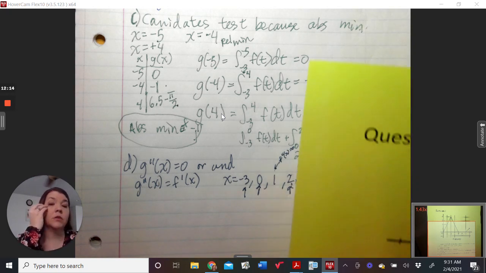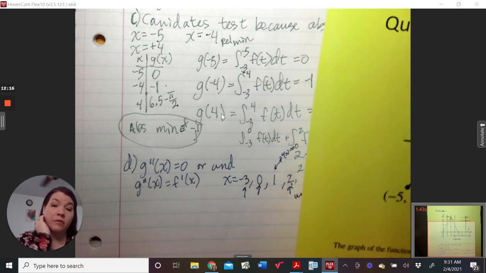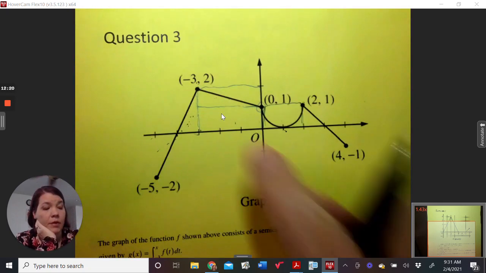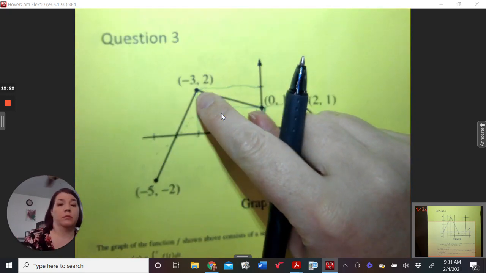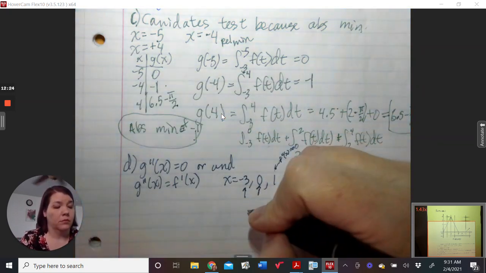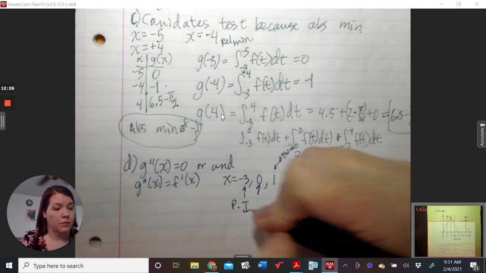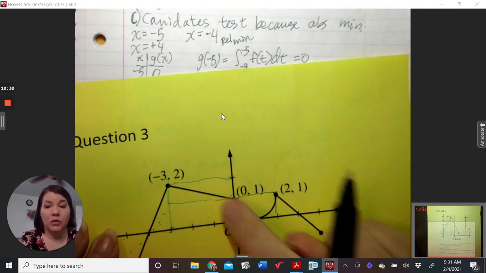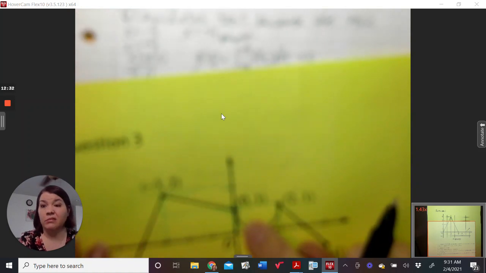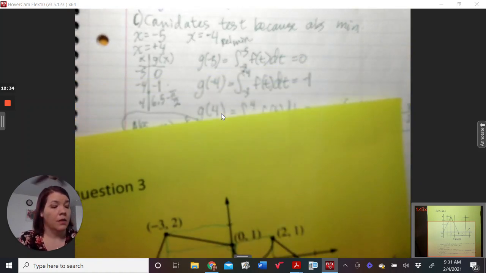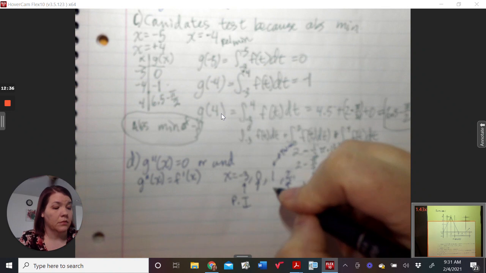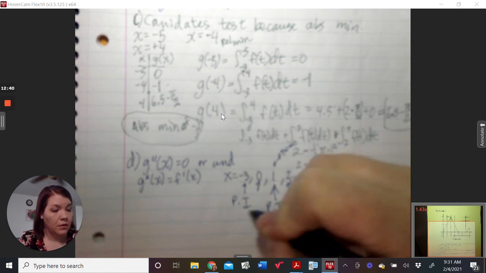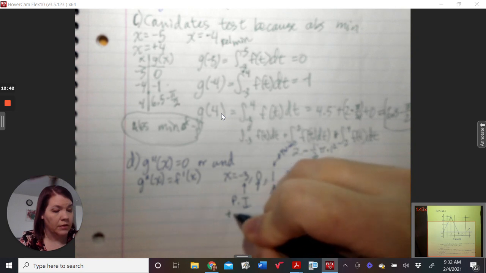So points of inflection occur when the derivative changes signs. So that's a point of inflection. This is not. Slope is negative to negative, still decreasing. This one is, from positive to negative.